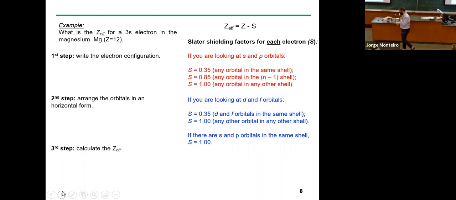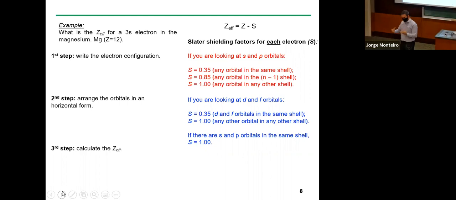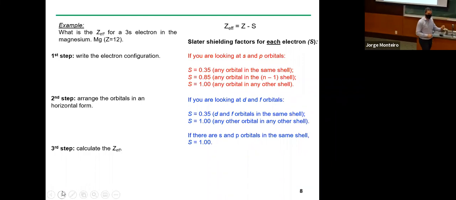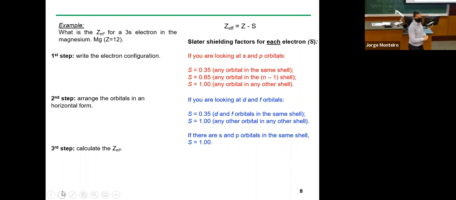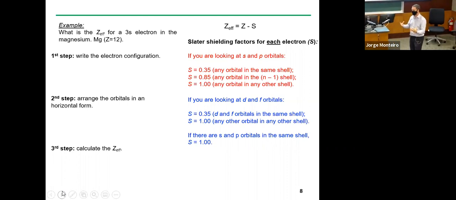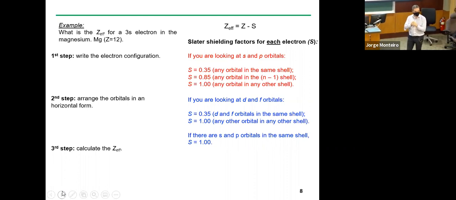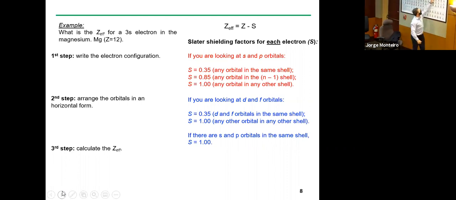Let's think about one thing. If magnesium attracts the last electron with a higher intensity, what should happen with the size of magnesium compared to sodium? Smaller or larger? It should be smaller, because the attraction is stronger, right? Therefore, when you move across a period in the periodic table, what should happen with the size?